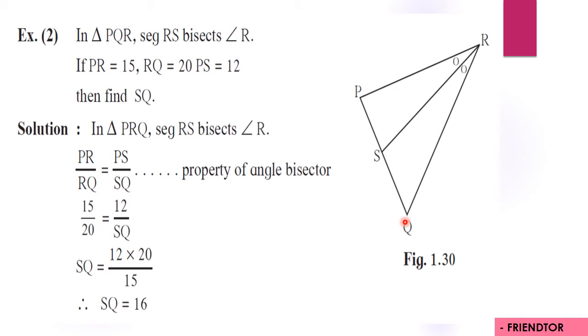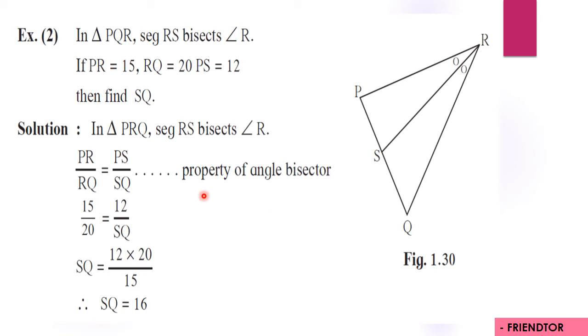In triangle PRQ, segment RS bisects angle R. Therefore, PR upon RQ is equal to PS upon SQ. The reason is the property of angle bisector of a triangle. Write it completely, don't stop here. Mention "of a triangle" also, because there are other properties of angle bisector as well.